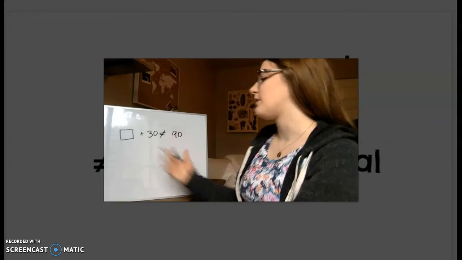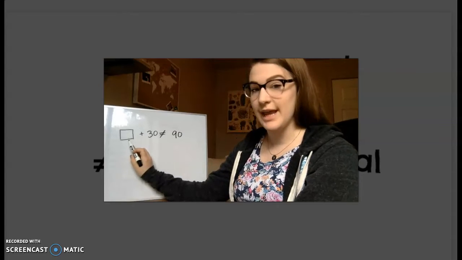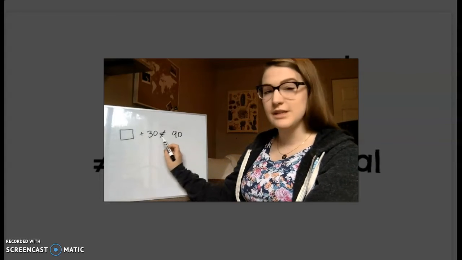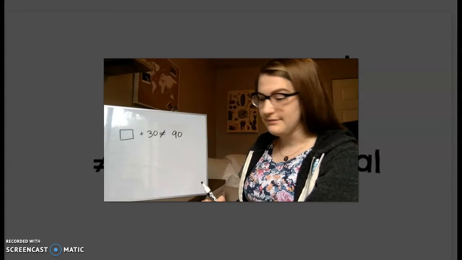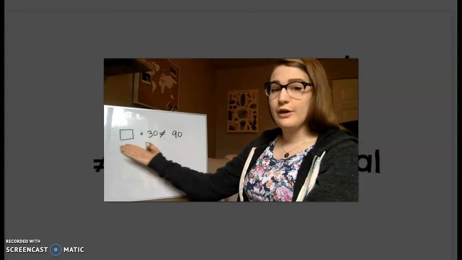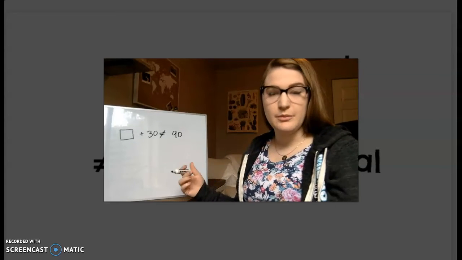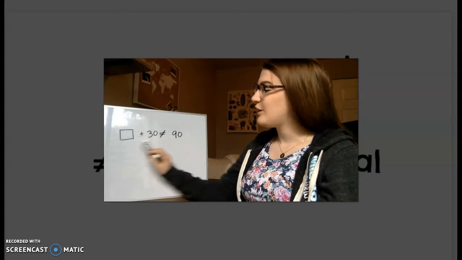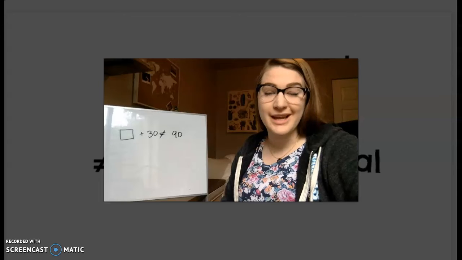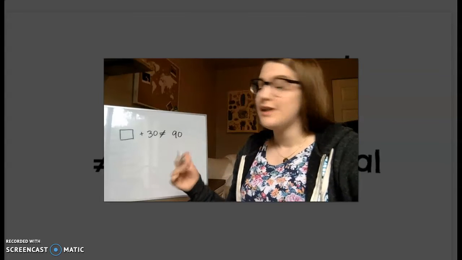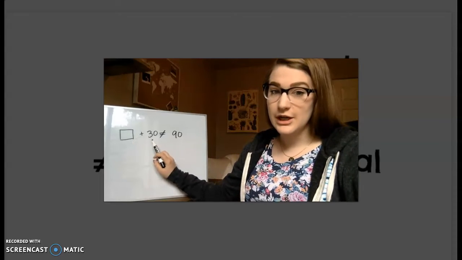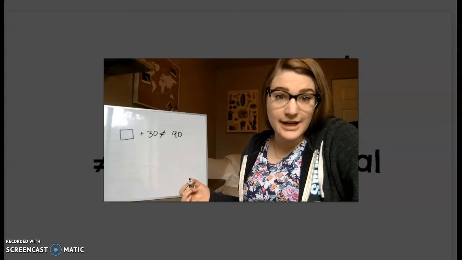So on this one, for example, you have blank plus 30 does not equal 90. So for this math sentence to be true, you basically just have to fill in the blank with any number that when added to 30 would not equal 90.